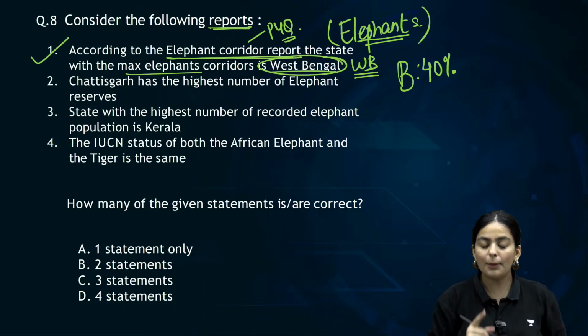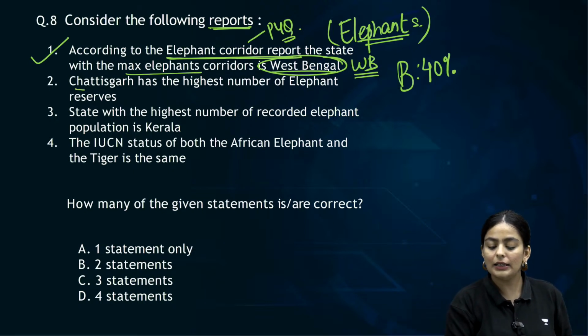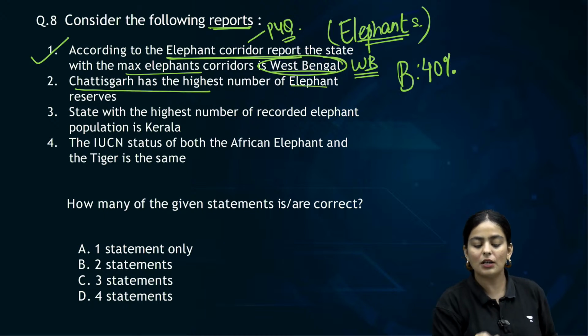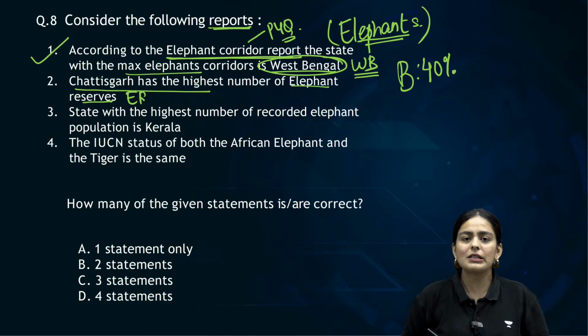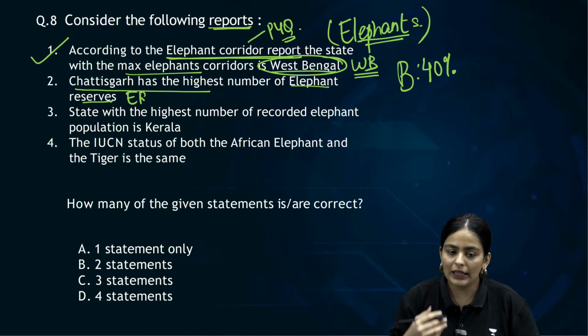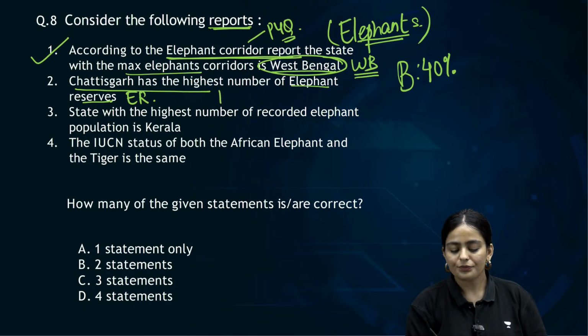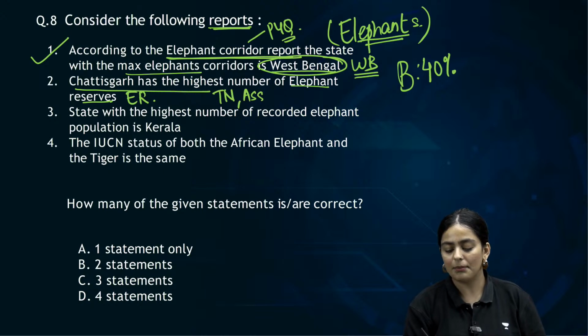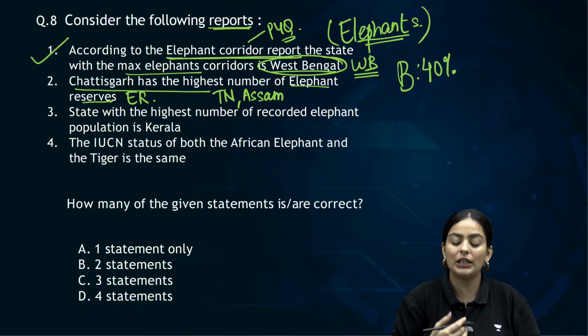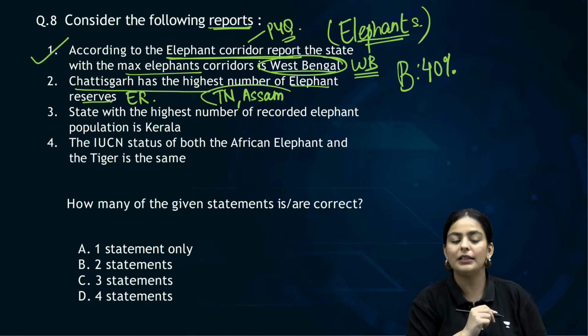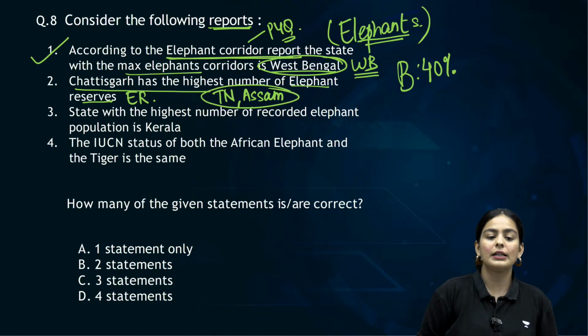Clear? Point number 2. Chhattisgarh has the highest number of elephant reserves. Does Chhattisgarh have the highest number? It is incorrect. Tamil Nadu as well as Assam both have five elephant reserves each and therefore have the highest number of elephant reserves.